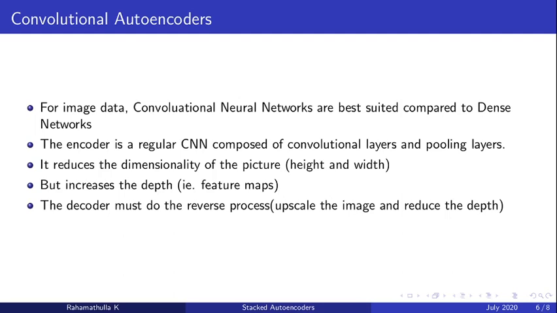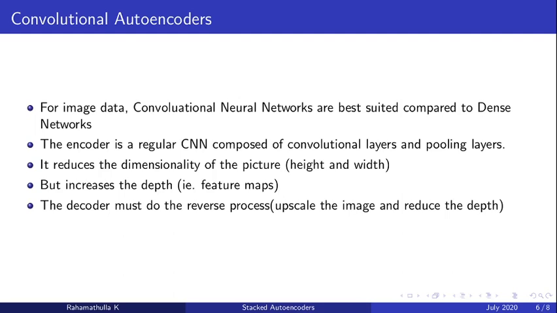The second type of stacked autoencoders are convolutional autoencoders. These are basically used for image data. Convolutional neural networks are best suited compared to dense networks for image data. So this is an encoder. The encoder is a regular CNN, convolutional neural network, composed of convolution layers and pooling layers.